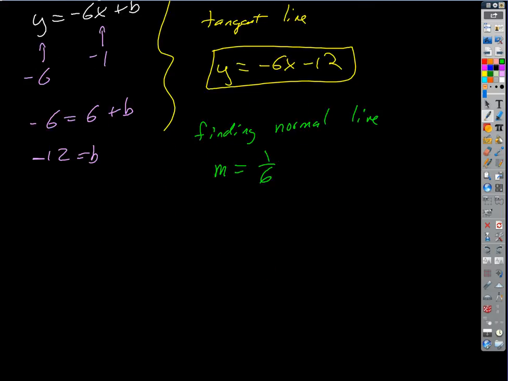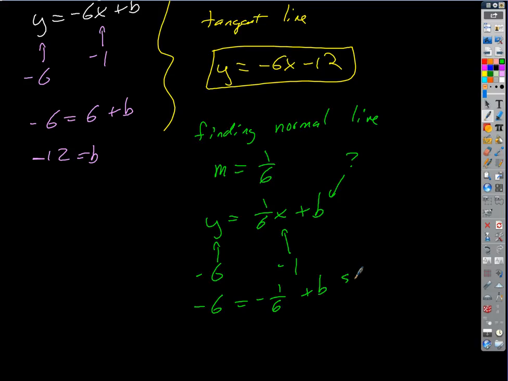And then I would just have y equals 1/6x plus b. And to find b, I would once again just plug in my solution, the point of tangency. So -1 for x, -6 for y. And what's that give me? -6 equals 1/6 times -1, which is -1/6, plus b.